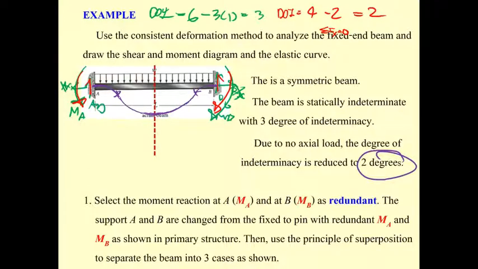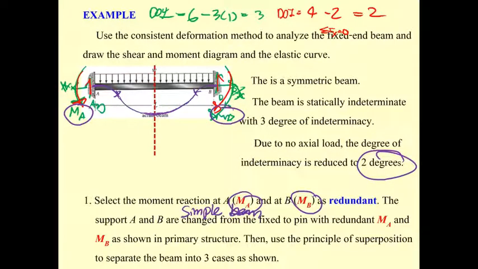Okay, if you set M sub A and M sub B as the redundants, this fixed support will change into a pin and roller and make the beam into a simple beam.